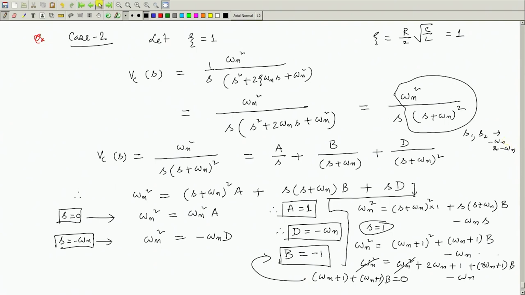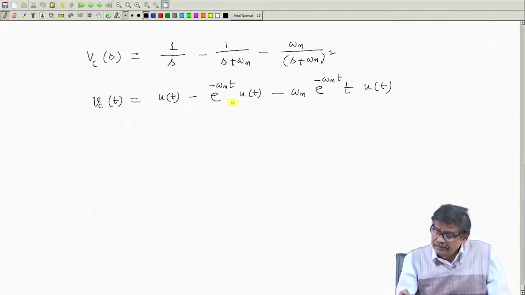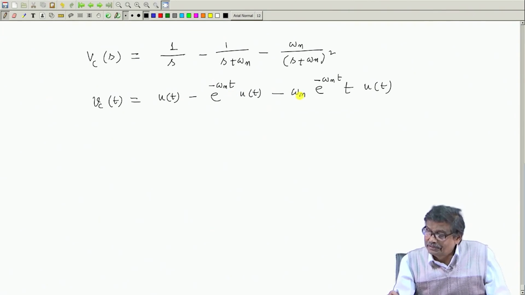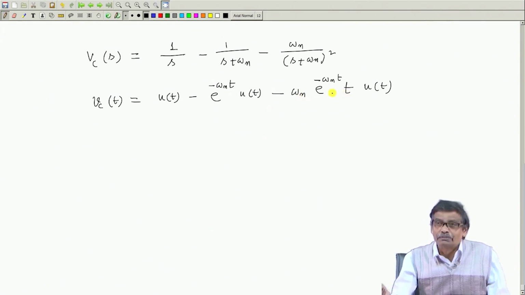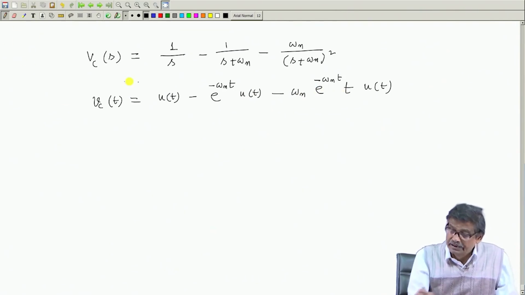So, I know from our differential equation fundamentals that the solution will be a plus b t into e to the power minus omega n t. Anyway, this will be the response.